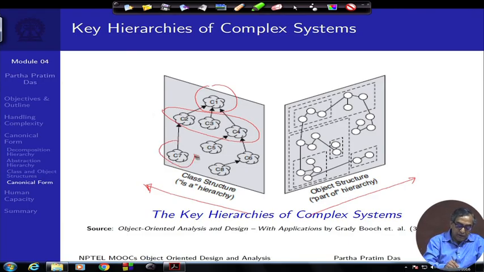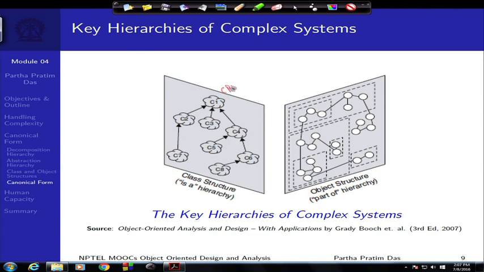Then we have C7, which is C2. This arrow basically reads "is a". So, C7 is a C2. Let us say C7 is Celeron, which is a Pentium. So, we have CPU here, we have Pentium, we have Mac, we have Alpha, we have Celeron.